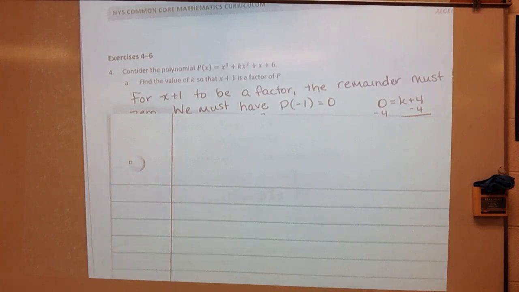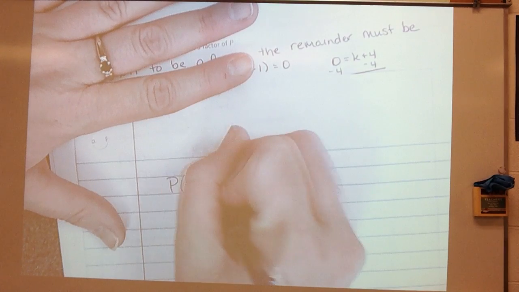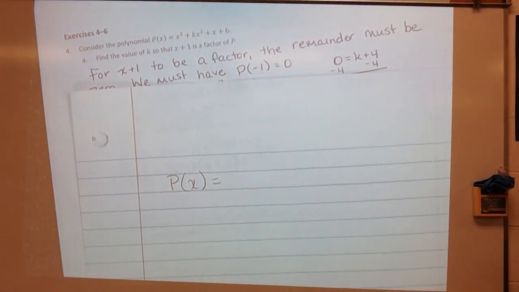Let's say that I wanted an example of a polynomial function with zeros of multiplicity 2 at 1 and 3. Alright? So I said I want my function with zeros of multiplicity 2. Remember, that means that's how many times it's going to occur.